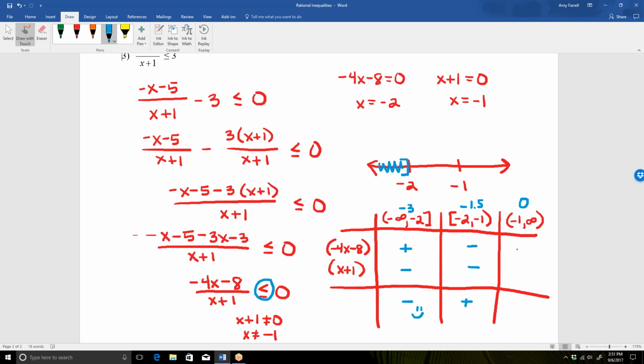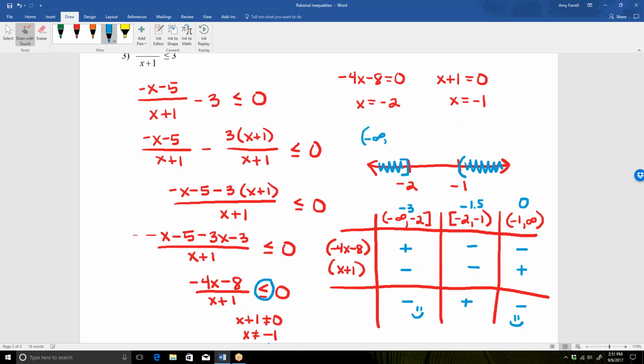And then finally, 0 gives me a negative result and then a positive result. A negative divided by a positive is a negative, so this interval is also part of our solution set. Okay, but notice I'm putting a parenthesis here at the negative 1 because x cannot equal negative 1. We don't want to include negative 1 in our solution set because division by 0 is undefined.